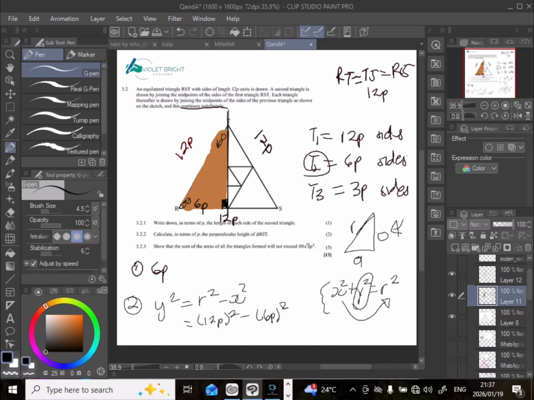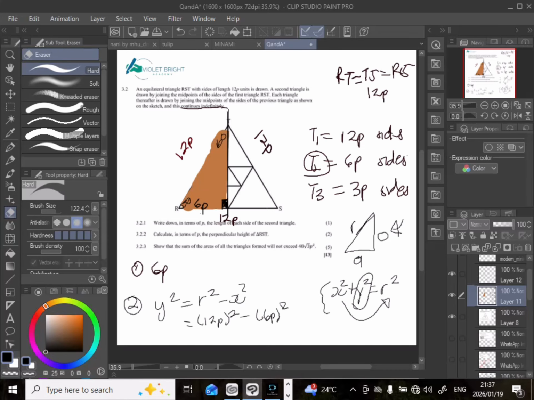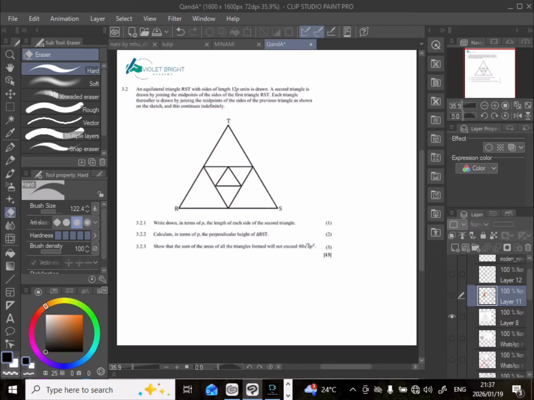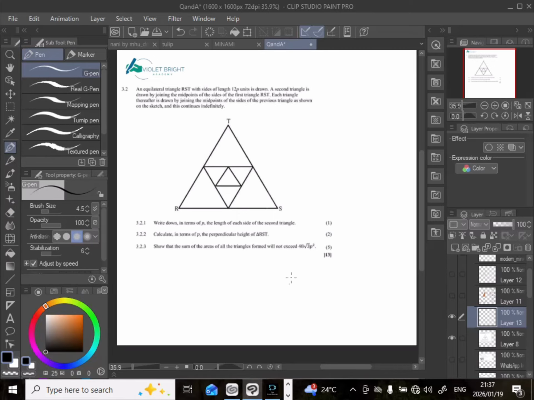Let me just erase on the sides here. Let me just hide this. Okay, I'll just do it again. I just wanted some space here because it's all messy.